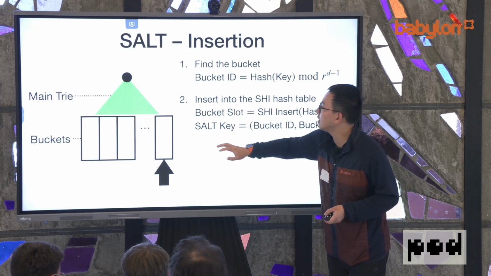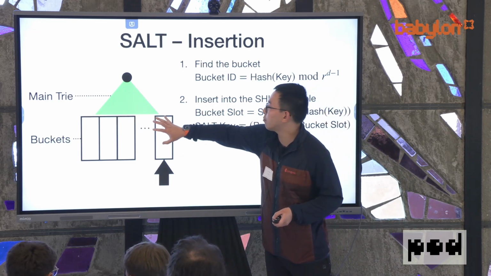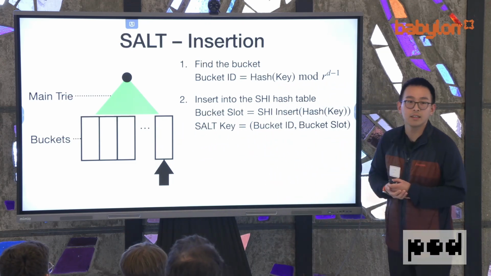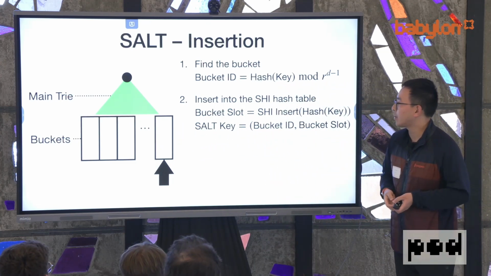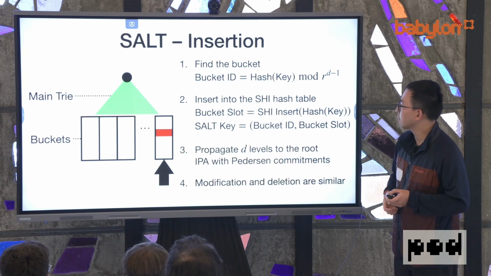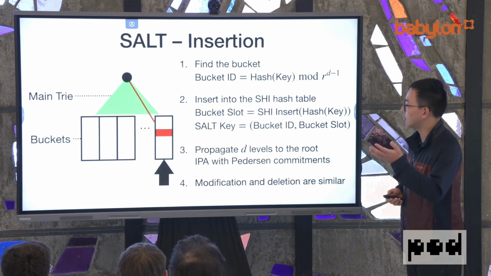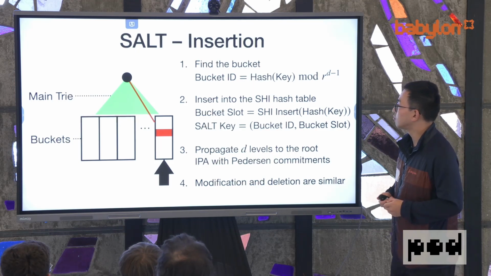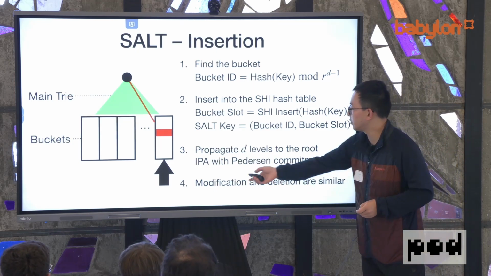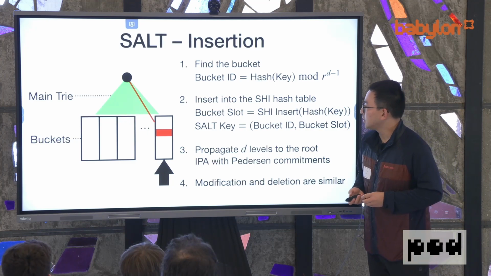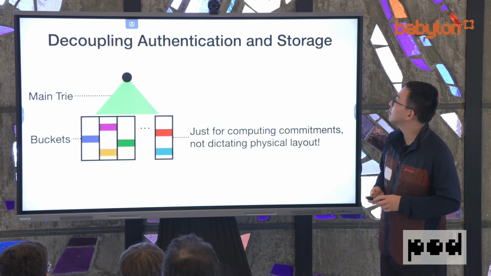And a sort key basically uniquely identifies a particular position in this data structure. It's like a combination of the bucket ID and the bucket slot. And then, of course, you have to propagate back the vector commitments all the way up to the root. And we use inner product arguments for vector commitments.